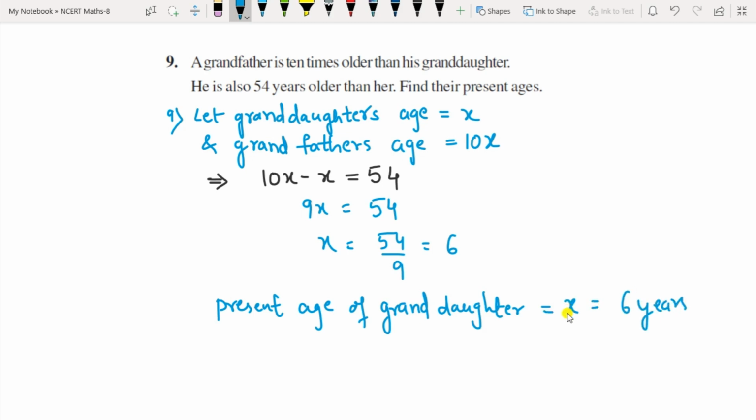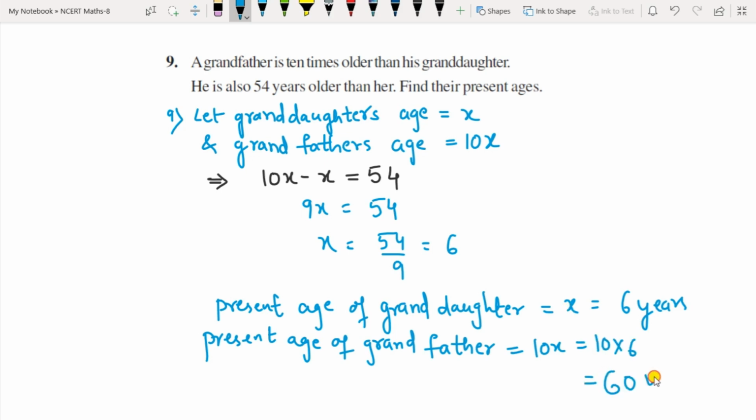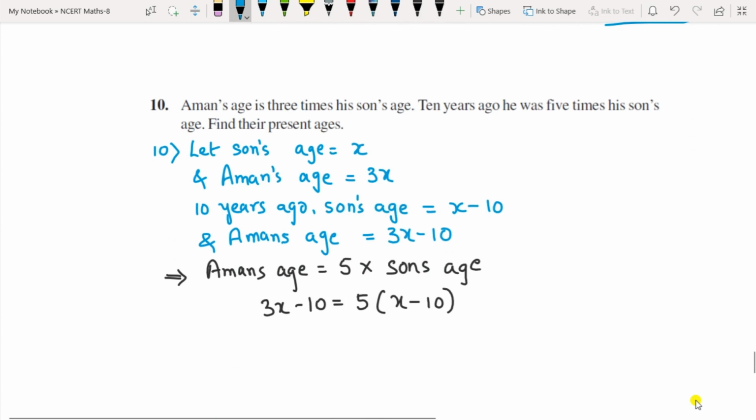So it is 6 years. Then present age of grandfather, that was 10x. So it will be 10 into 6, that is 60 years. So 6 years and 60 years are the required answers.